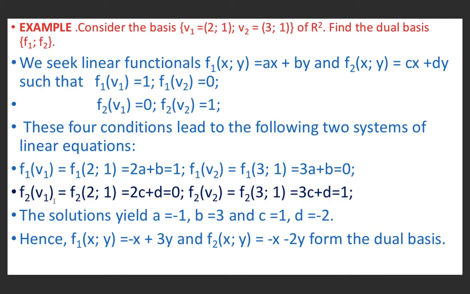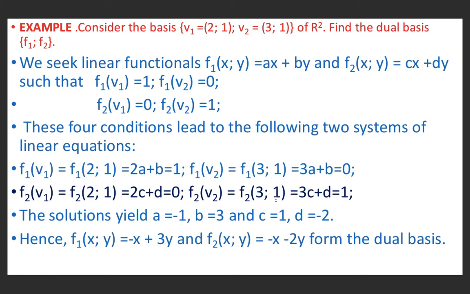If we solve these two equations, we get a equal to minus 1 and b equal to 3. Now f2(v1). v1 is again (2, 1). f2(x,y) is cx plus dy. So x equal to 2, y equal to 1. So 2c plus d equal to 0, because f2(v1) is equal to 0 here. Now f2(v2). v2 is given to be (3, 1).